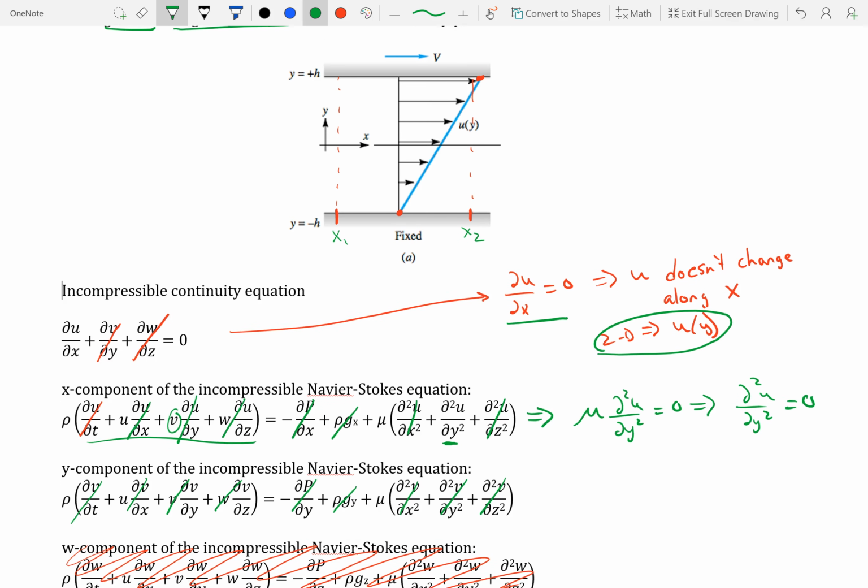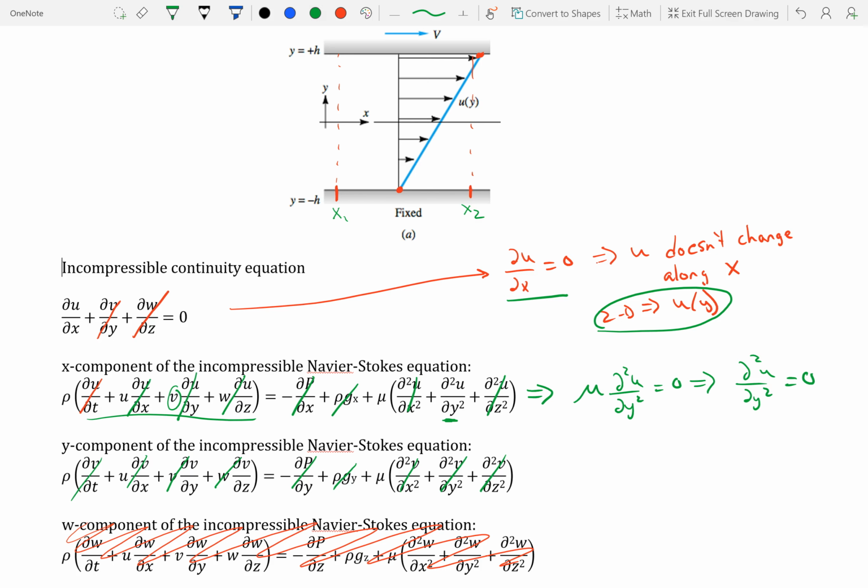So if we go to our Navier-Stokes equations, x and y, because we're only looking at 2D, when we look at each variable, we cancel. All right, and we end up getting this. So d squared u over dy squared is 0.